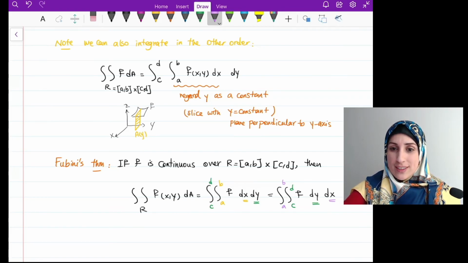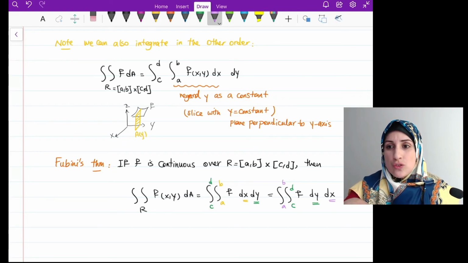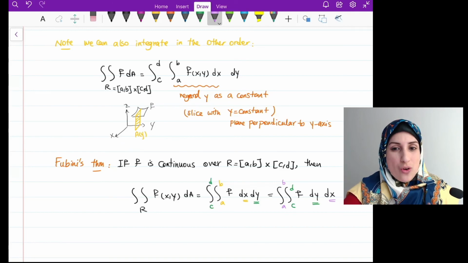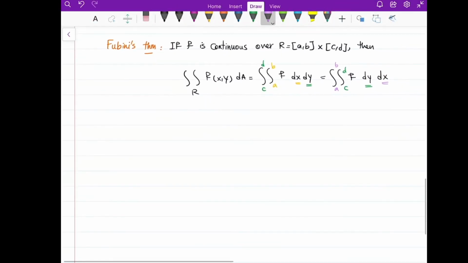But is this true always, only when your function is continuous, or do we have any other cases? More generally, if your function is not continuous, but you have these conditions.